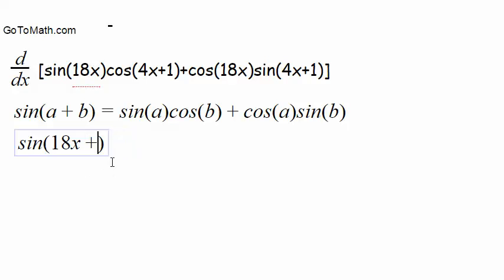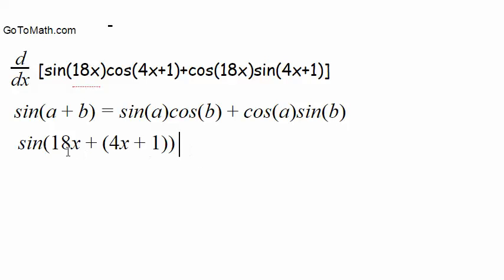And B is going to be 4x plus 1, and I should put parentheses around that. So this was something back when you were learning trigonometry. Sine of a plus b is sine a cosine b plus cosine a sine b. All right, and that's what we're going to use.